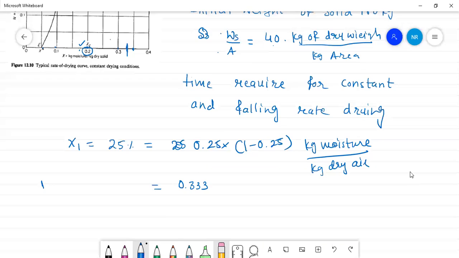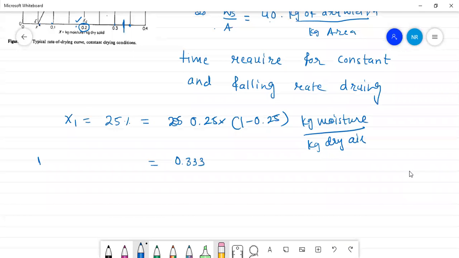Now, up to what do we have to dry? We have to dry it to 6% moisture. It means x2 is equal to 6%, 0.06, divided by 1 minus 0.06.